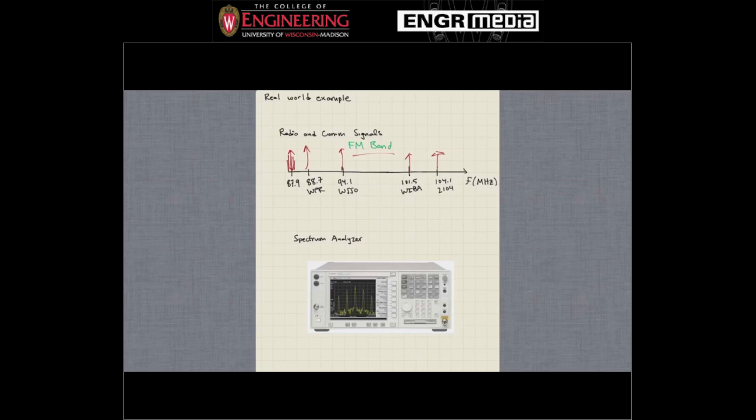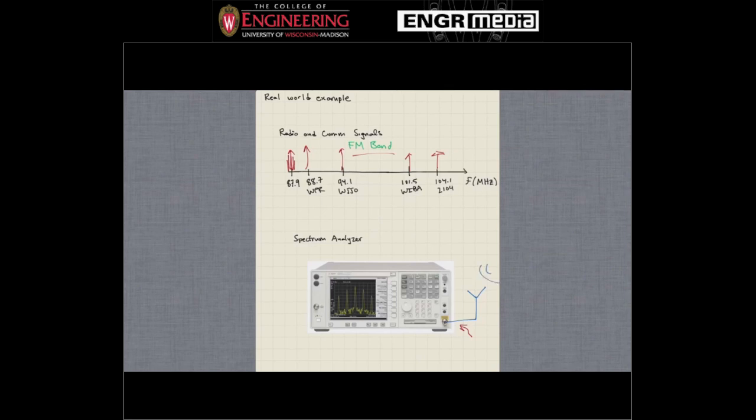Another application that comes up a lot in electrical engineering is something called a spectrum analyzer. It has an input here, and a lot of times you'd hook an antenna up to this, and you'd pick up an over-the-air signal.